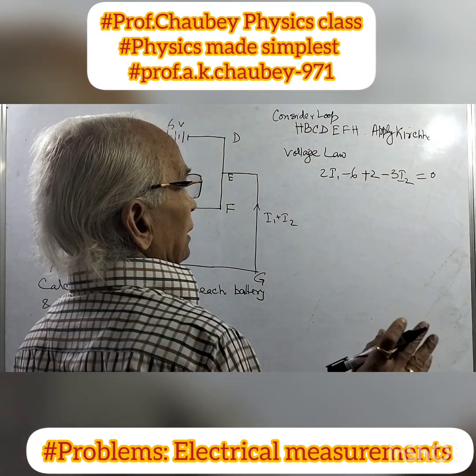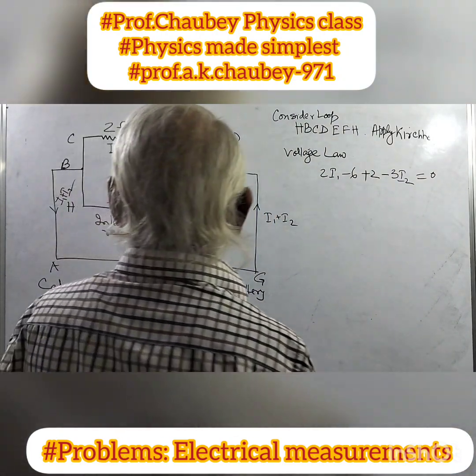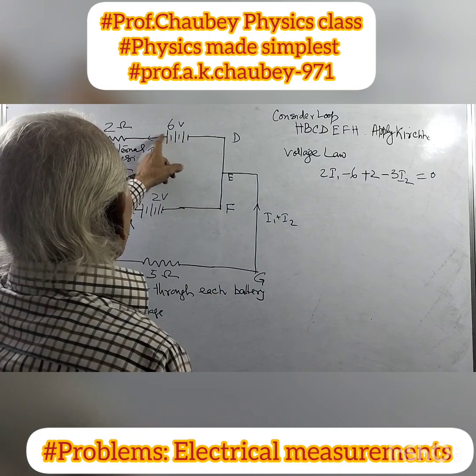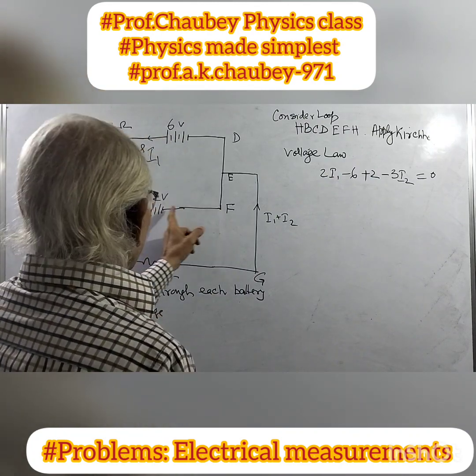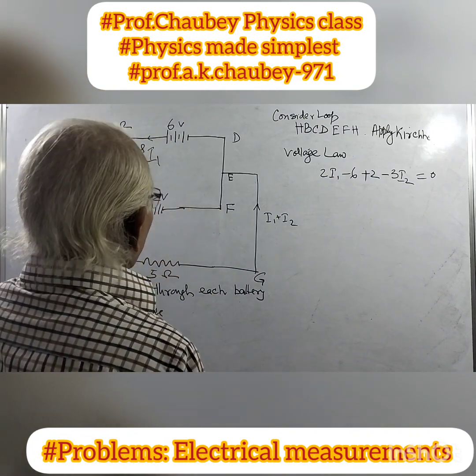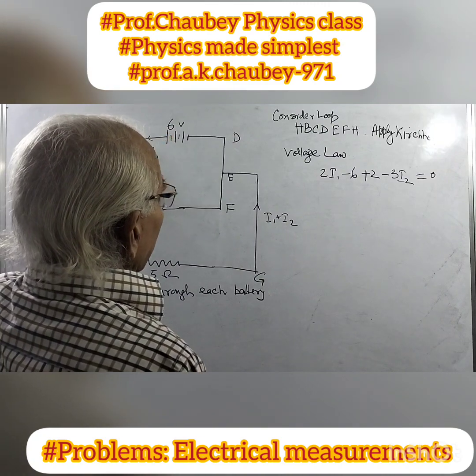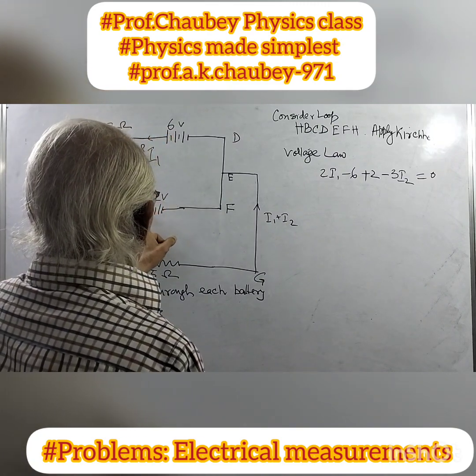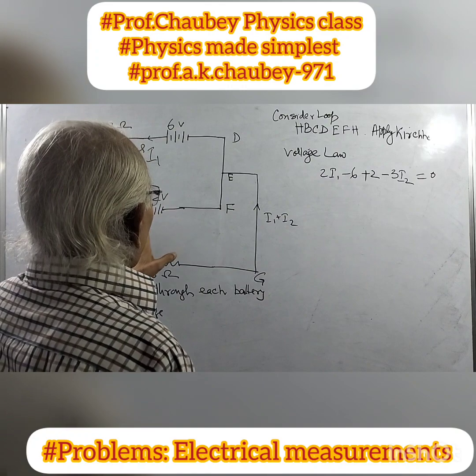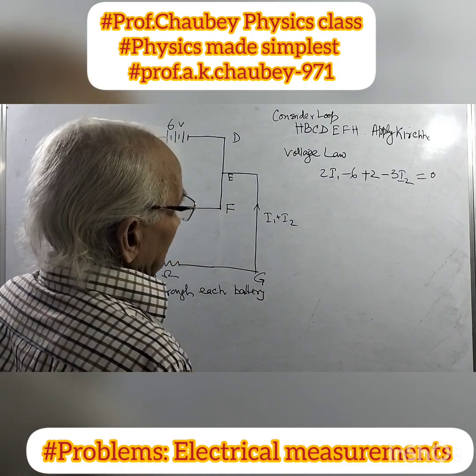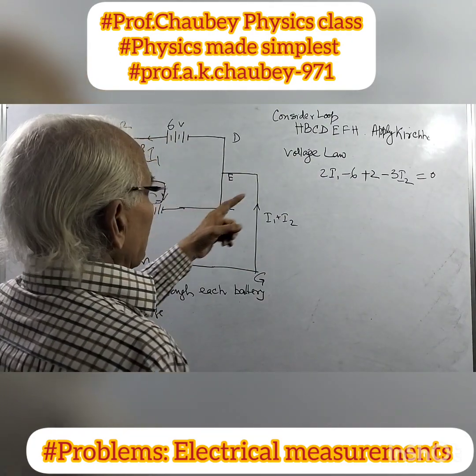Summation of all the voltages: if we start from here, this comes in the opposite direction to the current. So if 6 volt starts from here, one must be positive, otherwise negative. So minus 6, then plus 2.